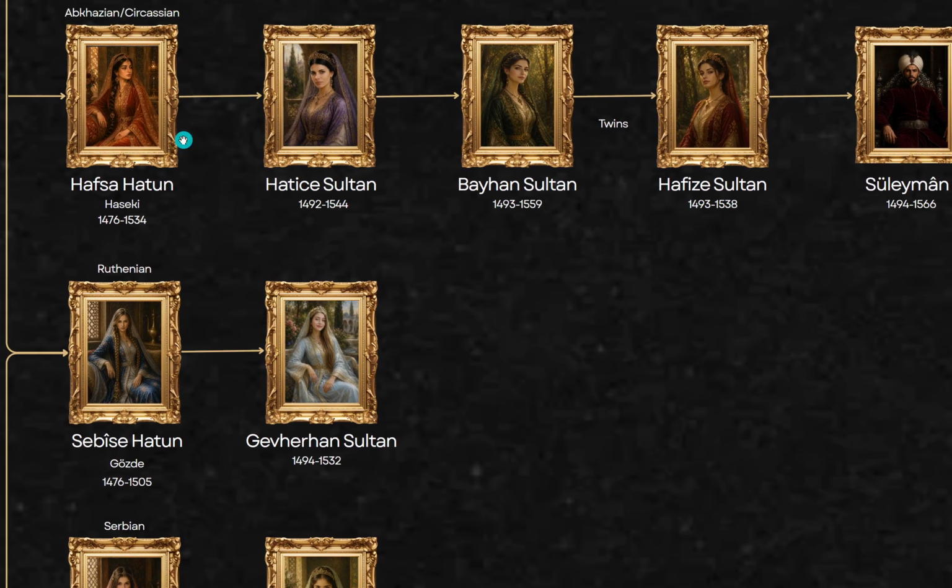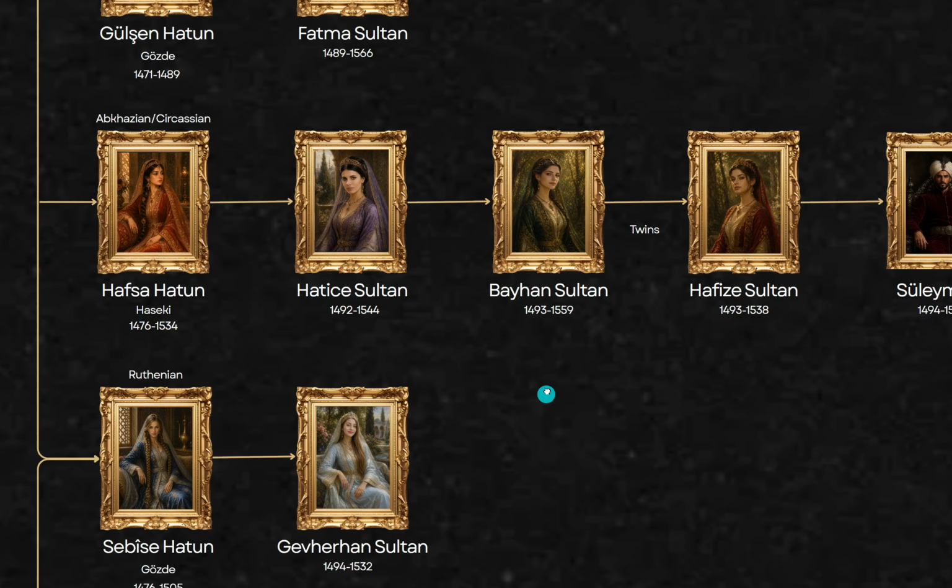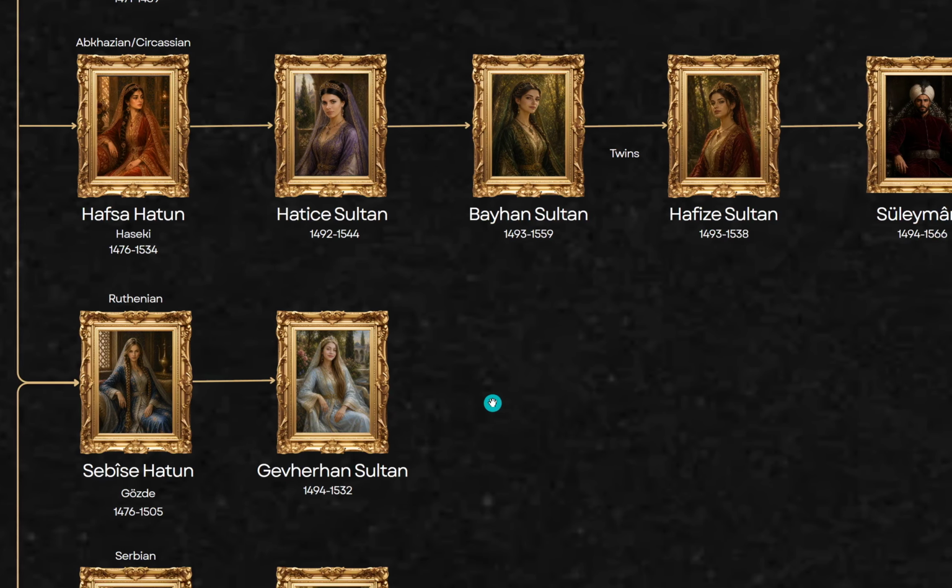You start to see this pattern emerge that Hafsa was very maternal, that she would take care of the imperial children who lost their mothers.